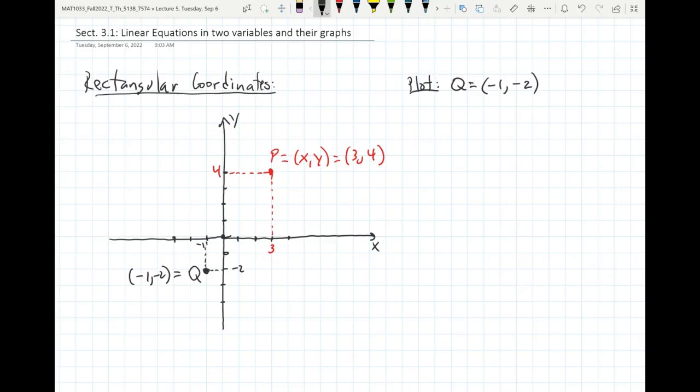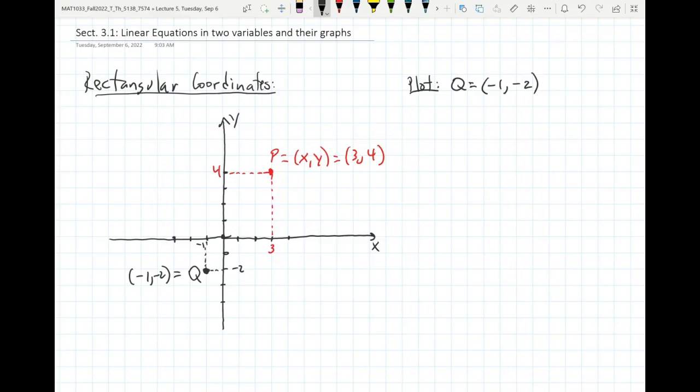Now some more terminology. The moment that we draw this x and y axis, this screen is split into 4 pieces. So this piece over here is where both x and y are positive. This one is where x is negative and y is positive. Down here, both x and y are negative, and here x is positive and y is negative.